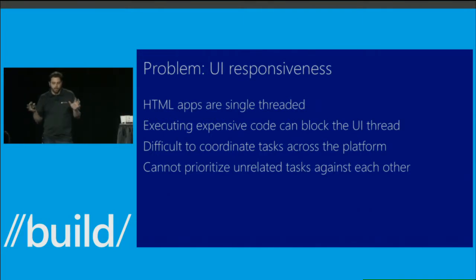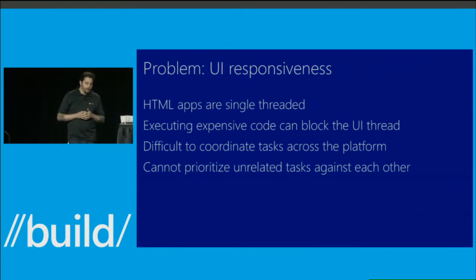We have done a lot of work in the HTML platform to make sure touch input and direct manipulation and panning is done on a separate render thread. But by and large, the app code that we're running is on the UI thread. And if we execute really expensive code paths, we run into situations where our UI can really become unresponsive, and end users won't feel like your app is alive and fast and fluid.